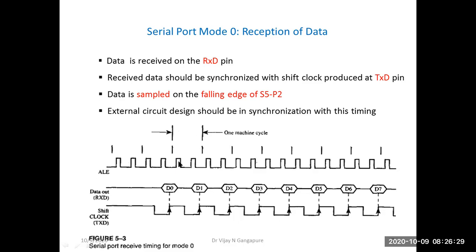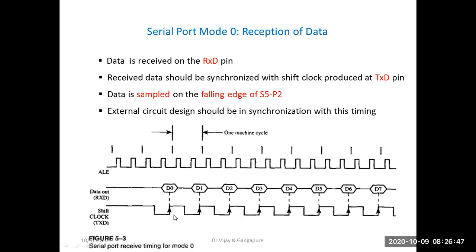These are actually ALE, address latch enable, which will produce 2 pulses. The period of these 2 pulses of ALE is equivalent to 12 clock pulses. During these 12 clock pulses, one bit will be received.